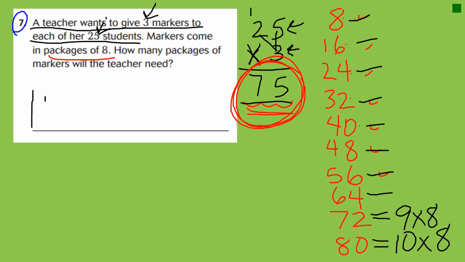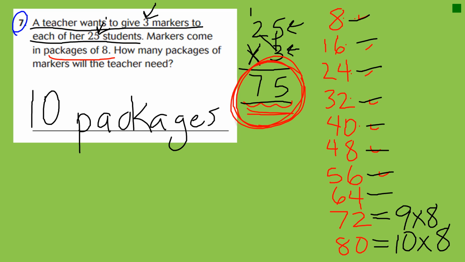So she's going to buy 10 packages. And no one is crying. Well, that's supposed to be a C right there. Sorry. She's going to buy 10 packages of markers. Yeah, that's better. Sort of. Okay? Another way to interpret the remainder.